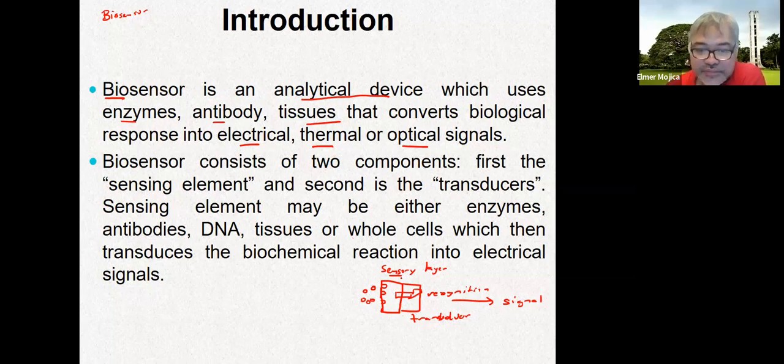First, the sensing element, that's the sensory layer, which could be your biological component. And the second is the transducer. The sensing element may be enzymes, antibodies, DNA, tissues, or whole cells, which then convert the biochemical reaction into electrical signals or other signals.